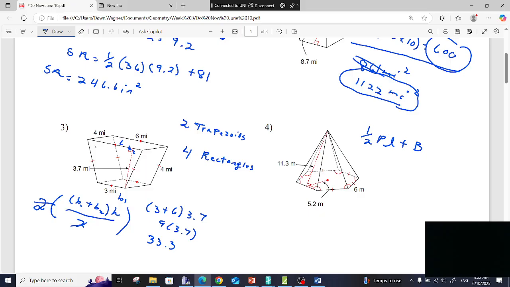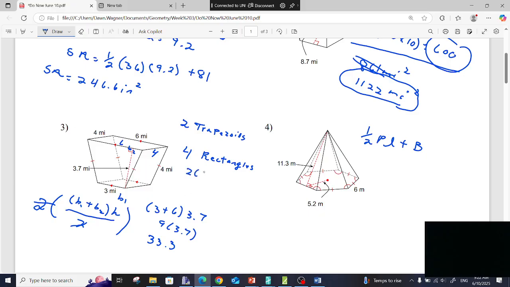The ones on the sides have the same dimension. And it looks like this is 4 going this way, and this is 4 here. So it's a 4 by 4, and we have two of those.